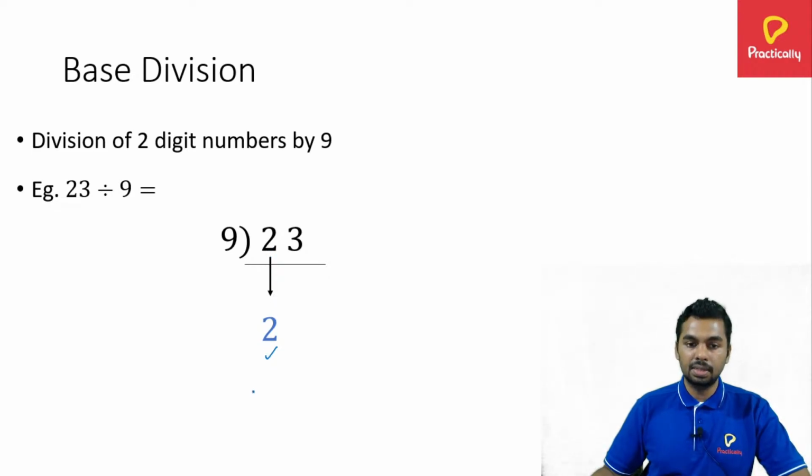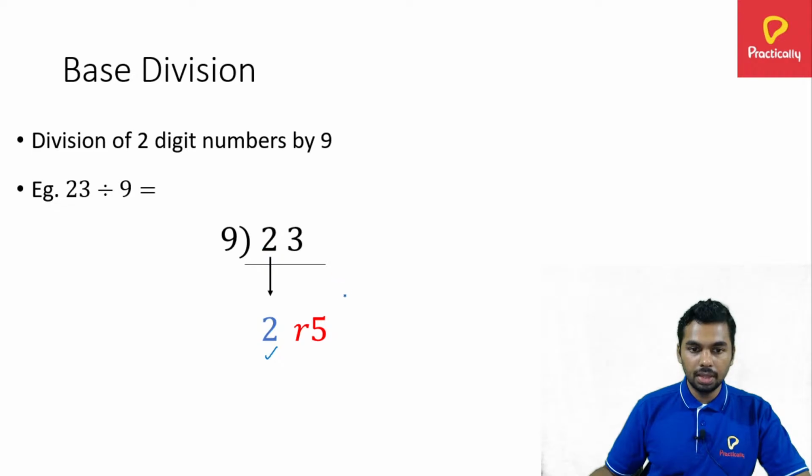So you bring it as it is. Next, you add this digit to the next figure. That is, you add 2 to 3. 2 plus 3 is 5. That is going to be the remainder. So this is 2 digits, and one digit you should always reserve for putting the remainder.